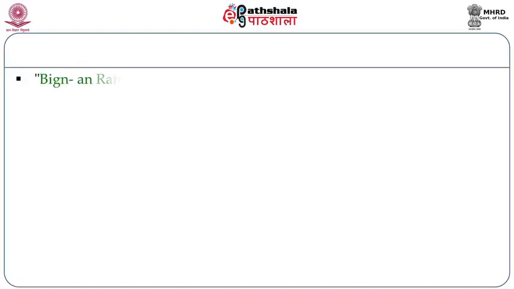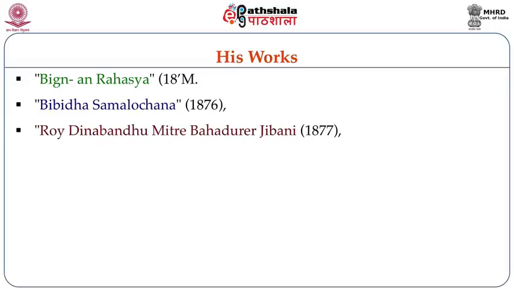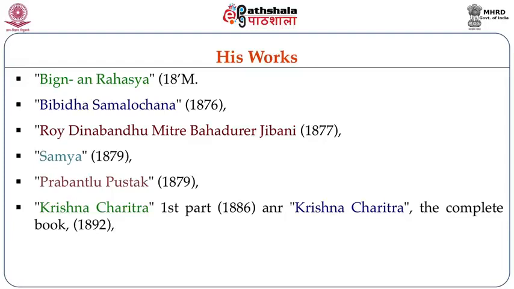The critical writings that are very famous, and that are actually the resources to find Indian knowledge and Indian tradition from the modern point of view, from the modern interpretation, are the essays written by Bankim Chandra called Bigyan Rahosyo, Bibidho Samalochona, which was published in 1876, and Roy Dinobandhu Mitra Bahadurer Jiboni, which was published in 1877, Shammo, Krishna Charitra, first part published in 1886, and Krishna Charitra, the complete work, published in 1892, and the Bibidho Prabandho, 1892.